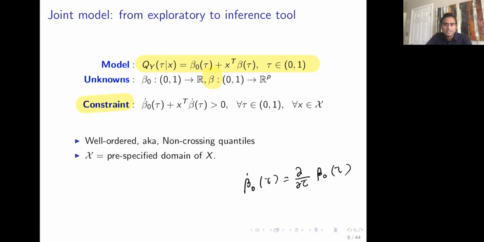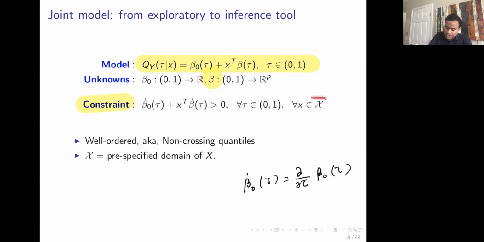If your quantile lines are strictly well ordered, they are strictly increasing in a smooth way, because that means your conditional distribution is absolutely continuous. In that case, you could represent the well ordering condition by saying that the derivative is strictly positive.